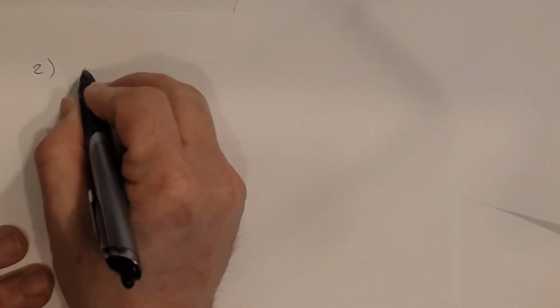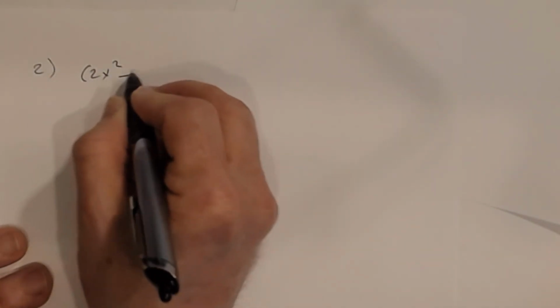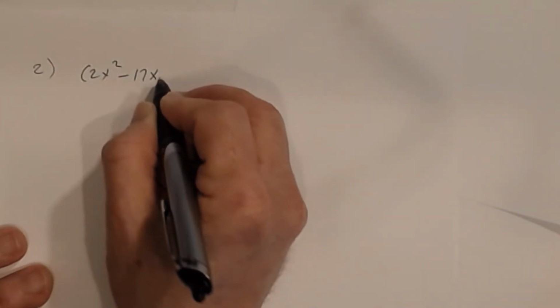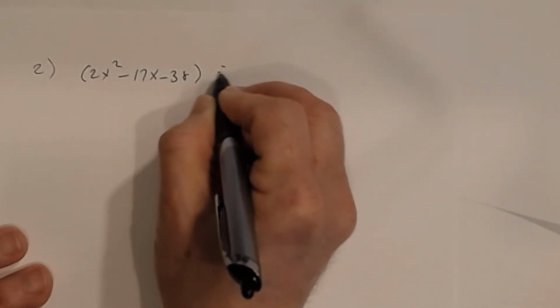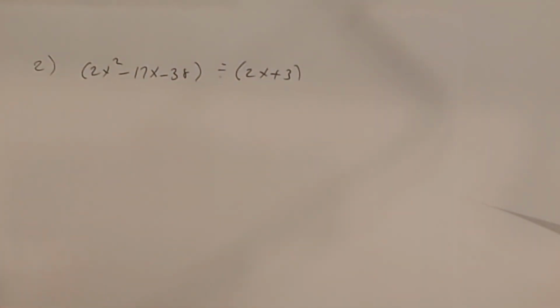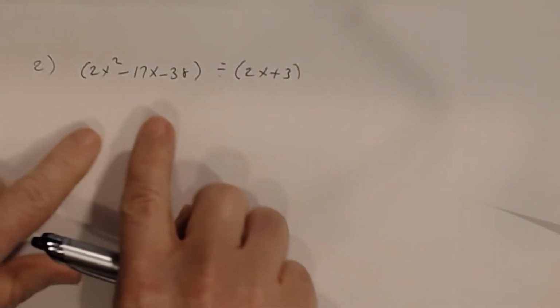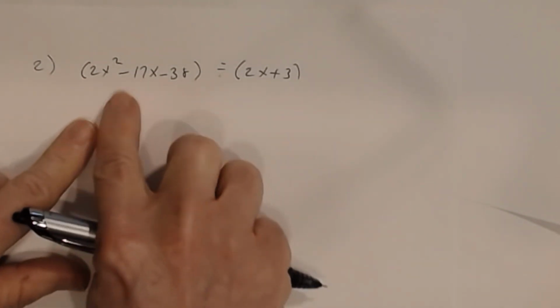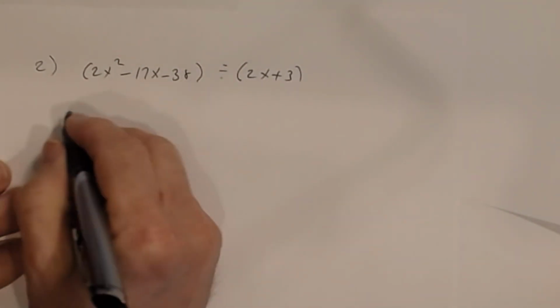Let's suppose we had this in number 2. Watch how simple this becomes with the more problems that you look at. We have 2x squared minus 17x minus 38 divided by 2x plus 3. This is written horizontally, so that means the same thing as this.